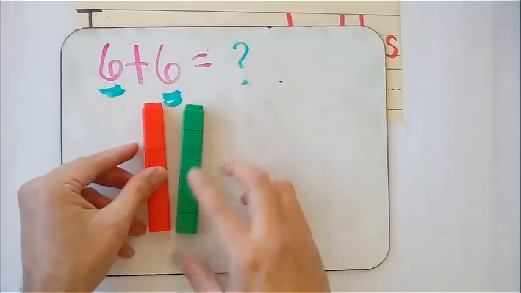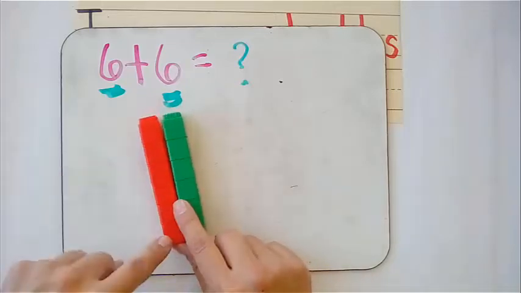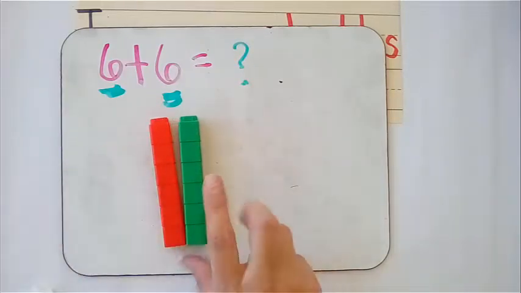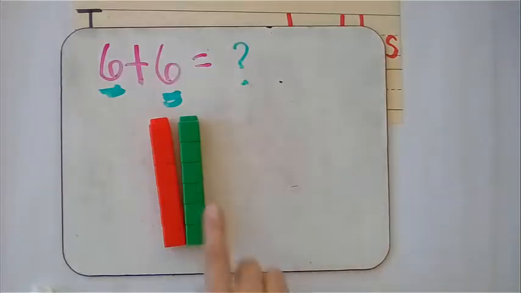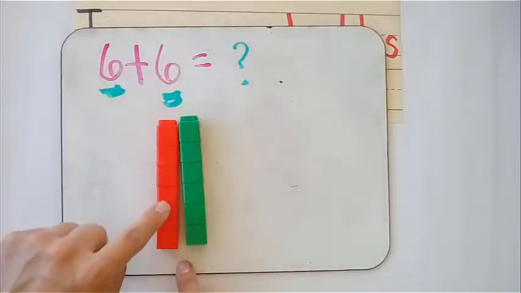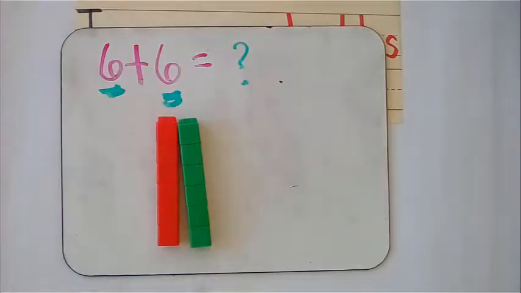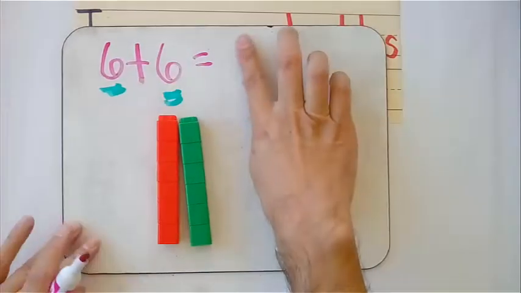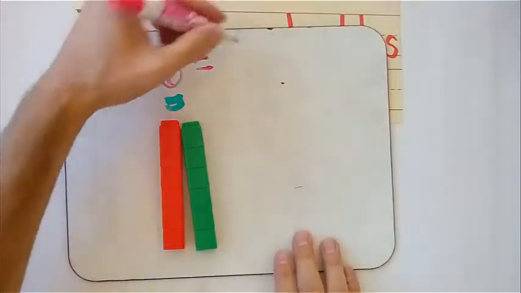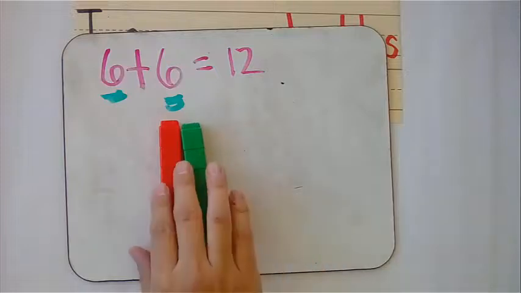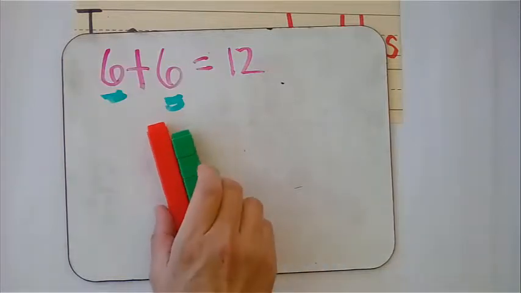So I have 6 plus 6 is, that makes 12. If you count all of these blocks, 1, 2, 3, 4, 5, 6, 7, 8, 9, 10, 11, 12. If you count all those blocks, we know that 6 plus 6 makes 12. Very good.